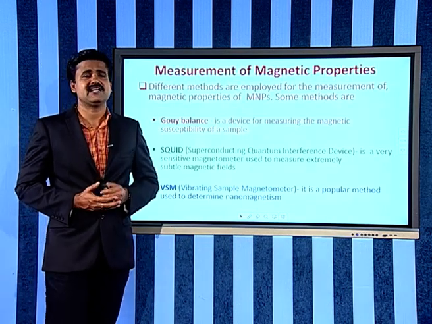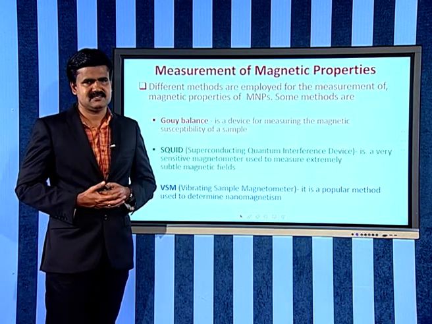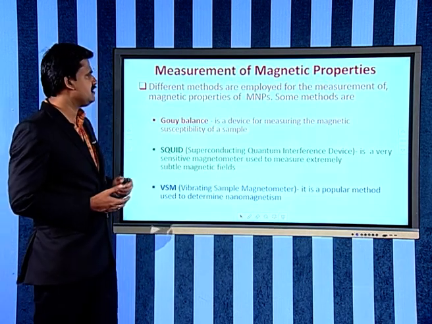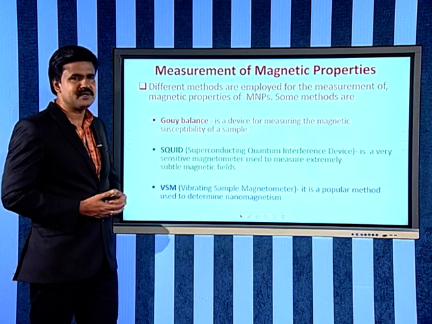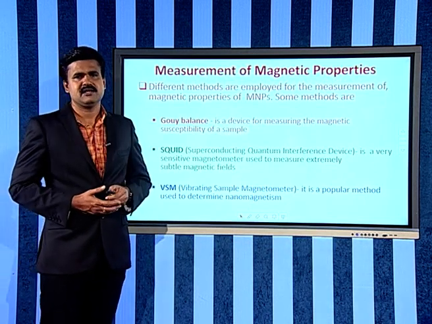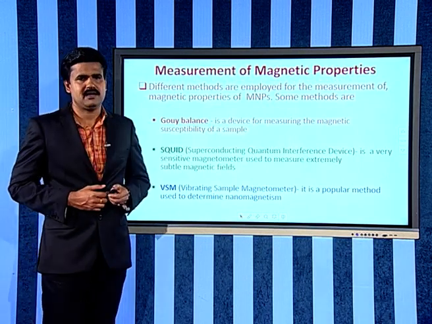Measurement of magnetic properties. It should be noted that there are several methods for the measurement of magnetic properties. The different methods include the Gouy balance. It is a device used for measuring magnetic susceptibility of a sample.